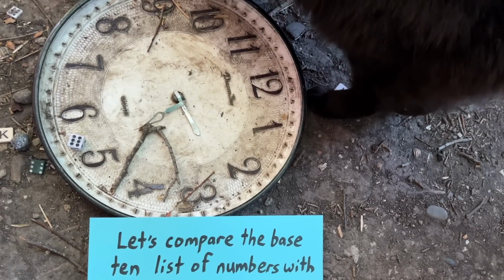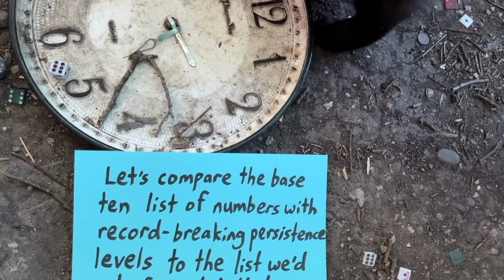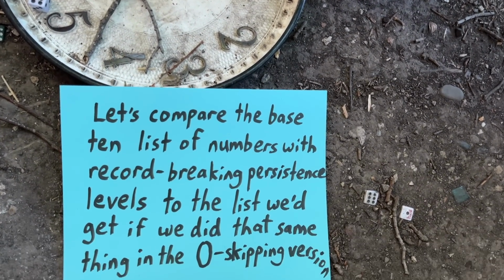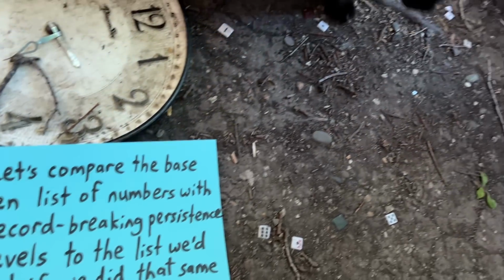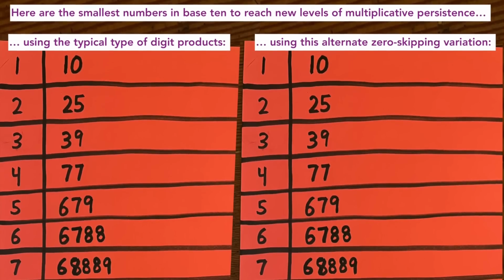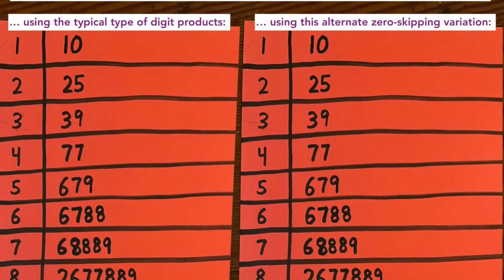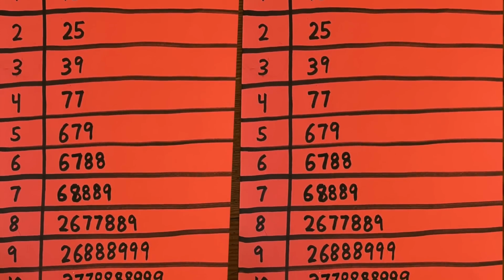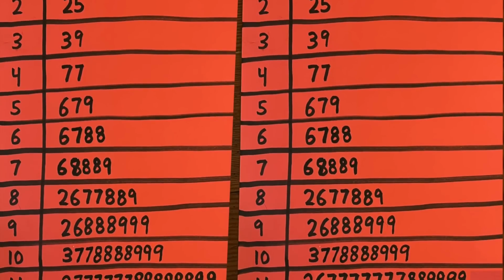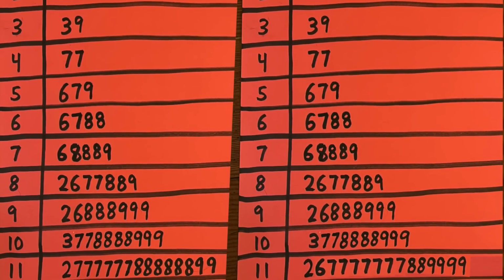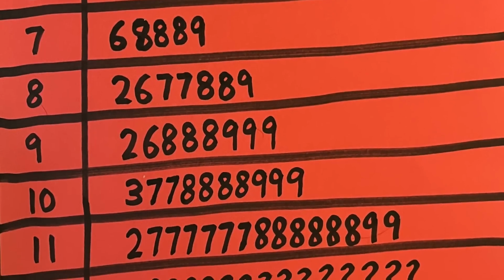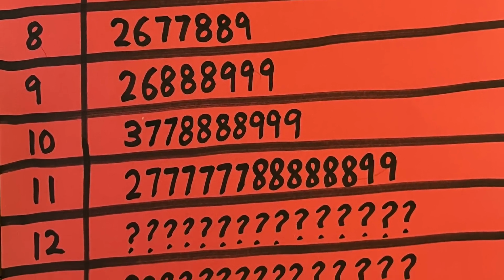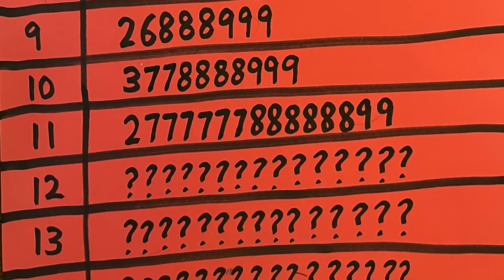If we look at record breakers for this alternate type of multiplicative persistence and compare them to the normal record breakers, the first 10 record breakers of each type are exactly the same. And then the 11th one is different. Then, as you know, the normal type of multiplicative persistence seems to stop there, but this other variation doesn't.